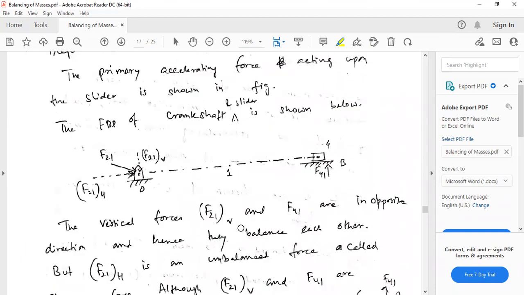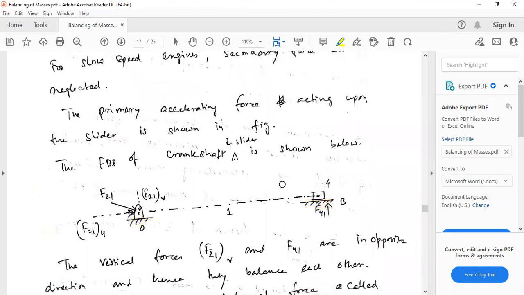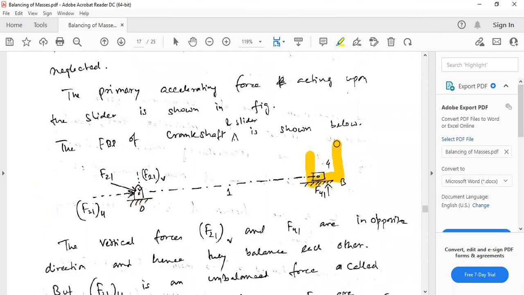Similarly here, you see the force caused by link 4 on link 1. Link 1 is the fixed link. Here also this is link 1, here also this is link 1. So we will have this as vertical. Why? Because the slider is just kept here due to gravity or whatever.